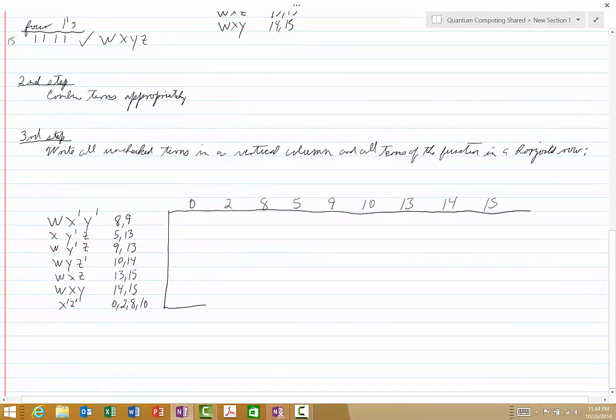And from those two collections of information, we make a table.